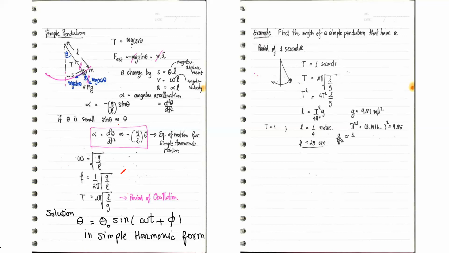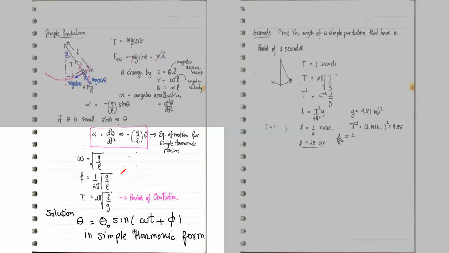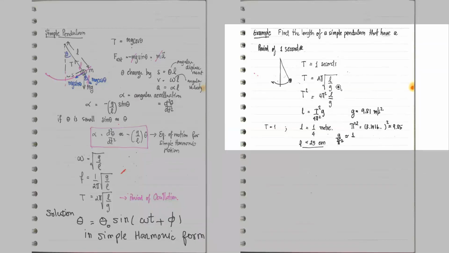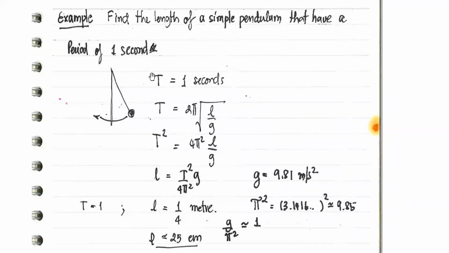So let's move to a simple example. Find the length of a simple pendulum that has a period of 1 second.